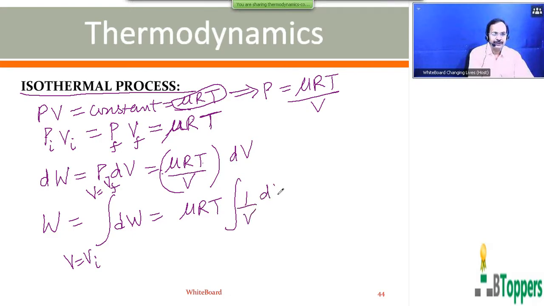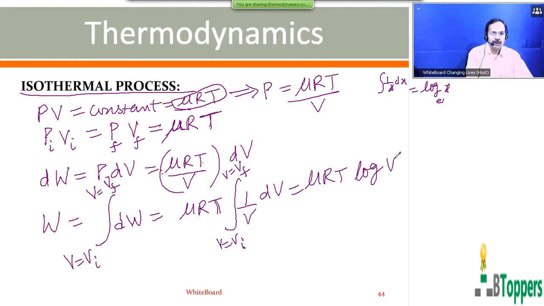Integral of 1 by V dV. As we discussed earlier in elementary calculus, integral of 1 by x dx is equal to log x to the base e plus constant of integration. Do not write the constant of integration when there are limits for integration. So that will be nu RT into log V to the base e, with lower limit V equal to Vi and upper limit V equal to Vf.